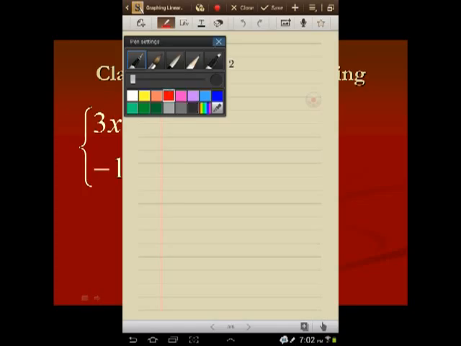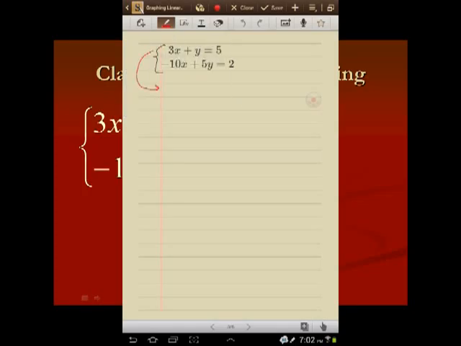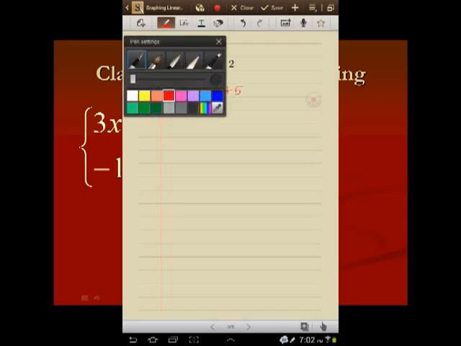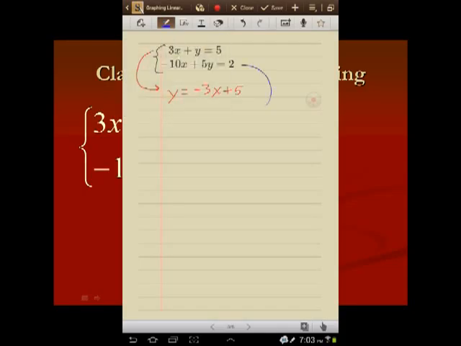So, reading the first one. y equals negative 3x plus 5. Well, that's handy. That's all we needed to do. Second equation. 5y equals 10x plus 2. We need to divide everything by that 5. y equals 2x plus 2/5.